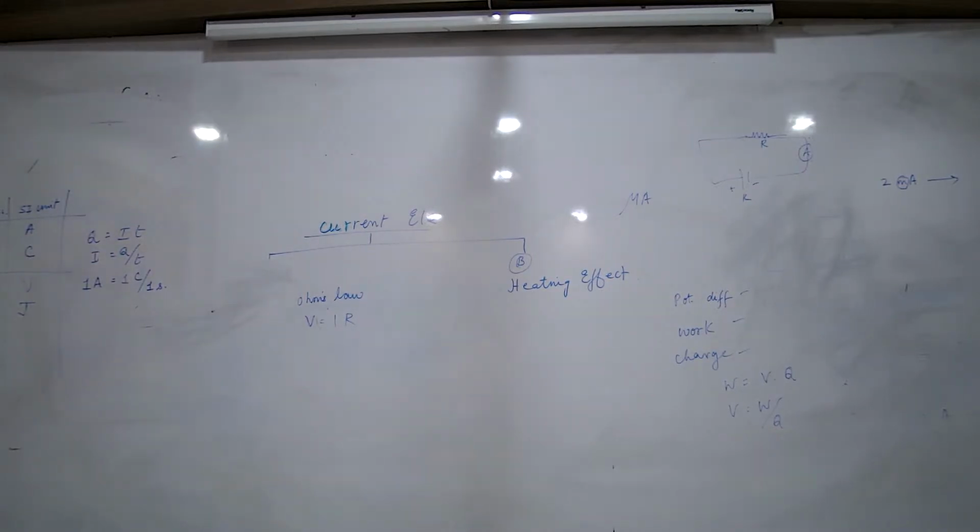How will you put it down in the form of a statement? Directly, I'm giving you a hint. Directly proportional, inversely proportional, something like that will come? V is directly proportional to I, V upon I is equal to constant.